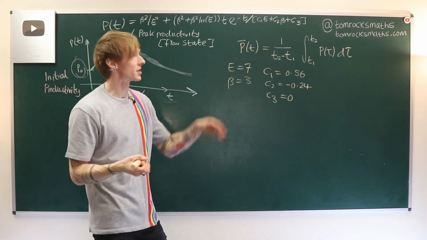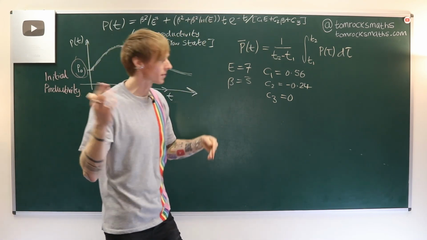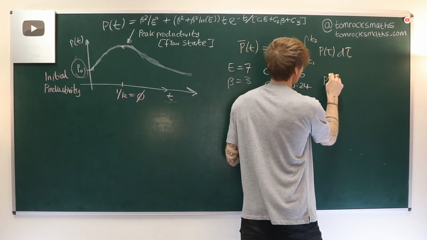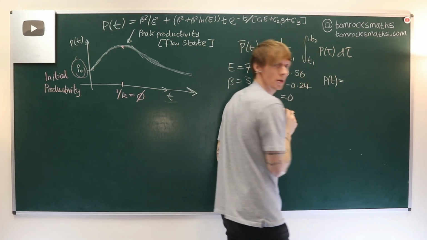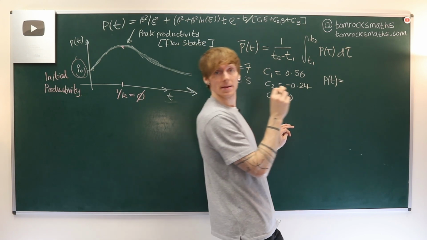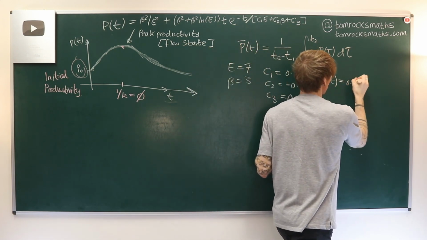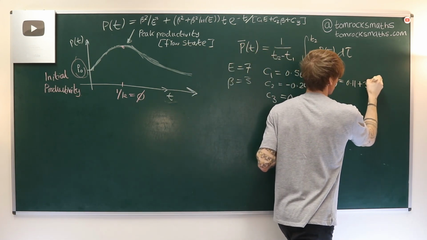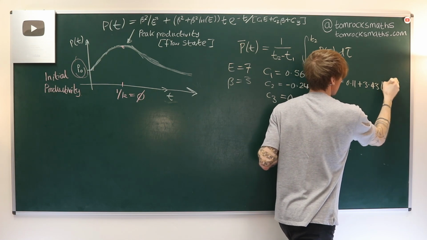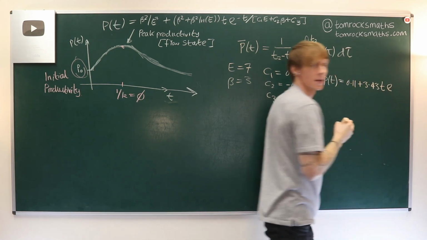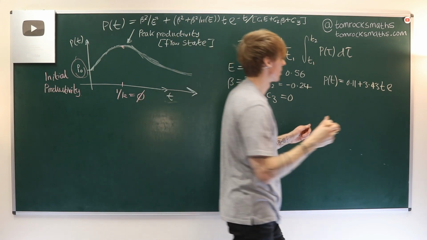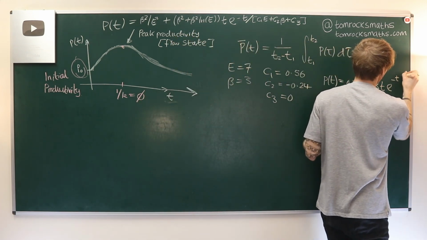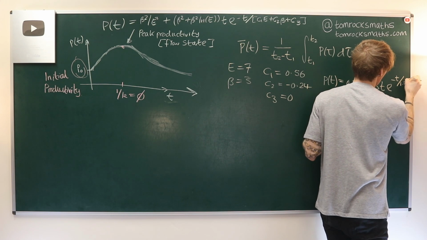Substituting these values into our general productivity function gives us P of t is equal to 0.11 plus 3.43 times t times e to the power of minus t divided by 1.75.